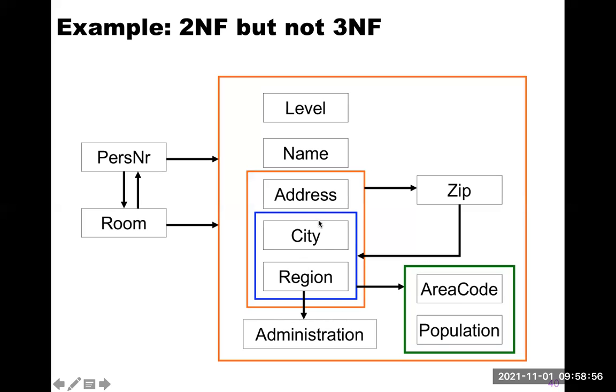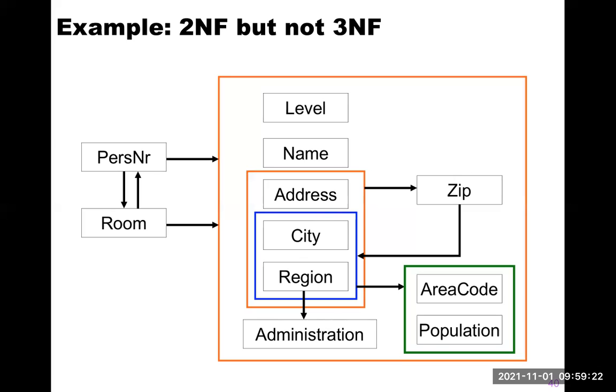City and region are removed, but the key, we need to have an intersection between decomposed tables. We need to have something common. So we need to have some fields to join those 2 tables back. If we remove zip from the source table, then we have nothing in common. We have no common attributes to join.